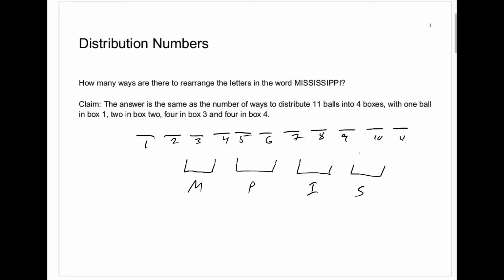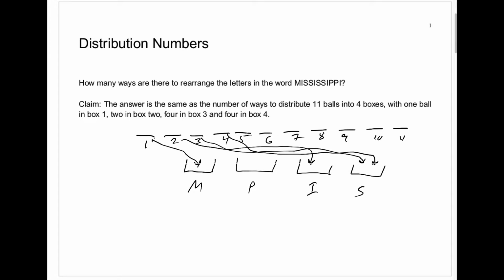And to get the word Mississippi, it would be like putting position 1 into the M box, position 2 into the I box, position 3 into the S box. And you could keep going like this for each of the different positions.